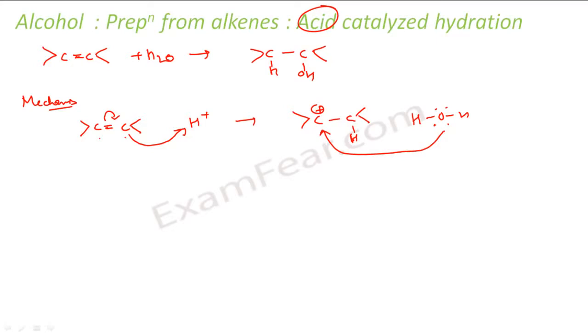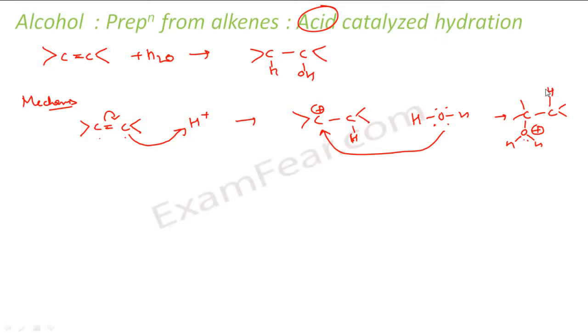Now with this, what you get is C-OH with one lone pair here. Here it was two lone pairs, and one lone pair is used to form the bond here, and oxygen will get a positive charge. Correct?